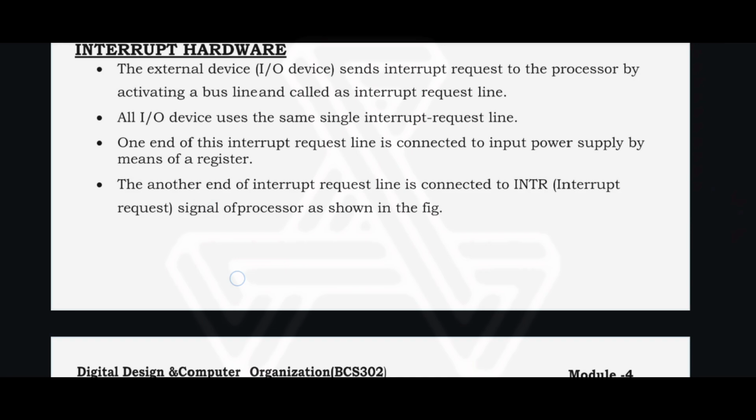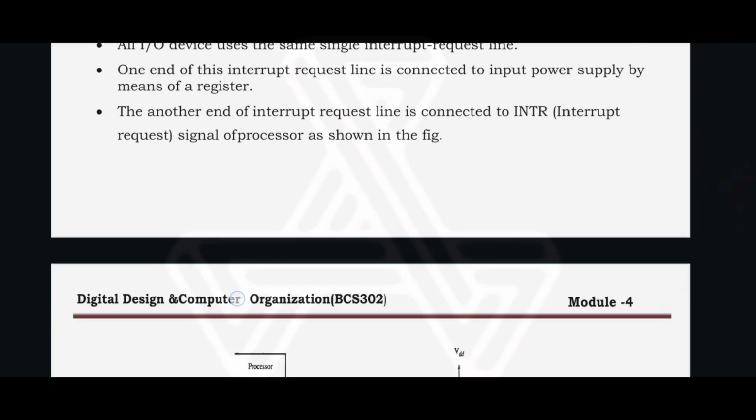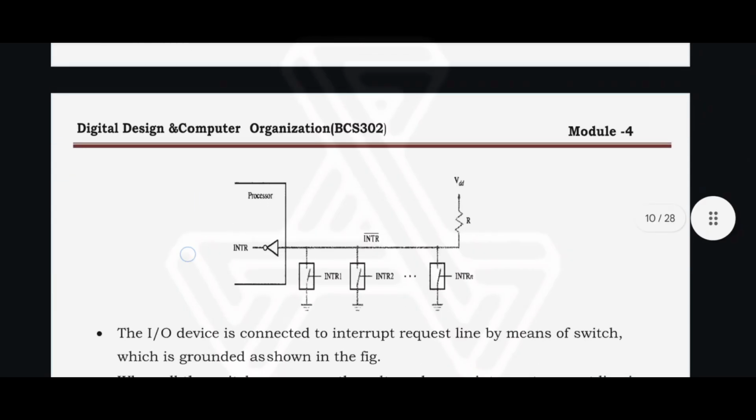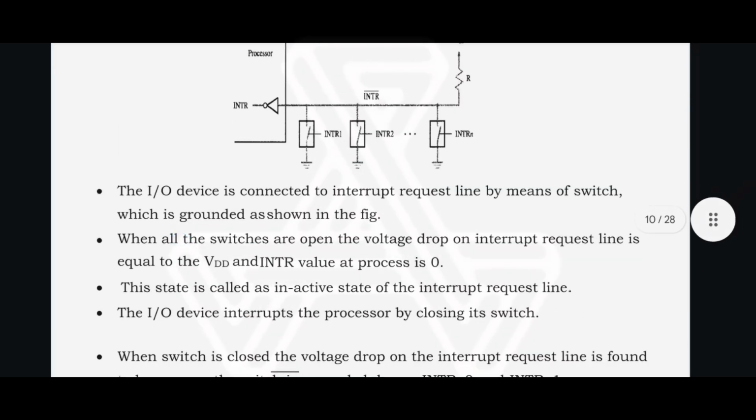One end of this interrupt request line is connected to the input power supply by means of a resistor. The other end of the interrupt request line is connected to the interrupt request signal of the processor, as shown in the figure. Processor, interrupt request line, INTR1, INTR2, INTRn, resistor R, VDD or power supply and the processor.